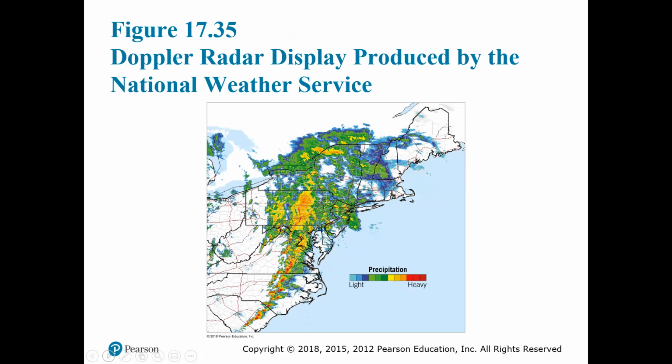And so that's called the echo, and that's what's received back and displayed here. The echo is brighter when the precipitation is more intense. And so that's when we get the yellow and the orange and the red colors. And so these, of course, are useful in short-term forecasting. So that brings us to the end of chapter 17, moisture, clouds, and precipitation.